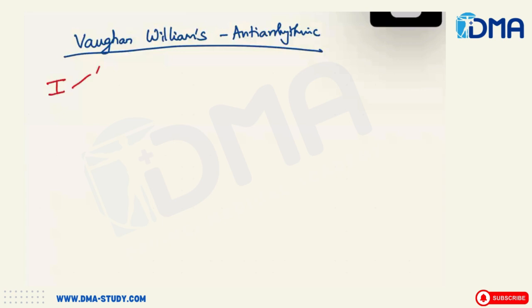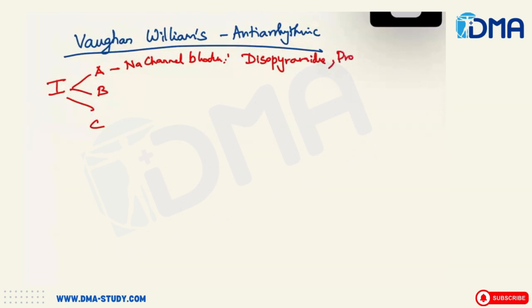So class 1 has 3 subdivisions: A, B, and C. A would be sodium channel blockers. Examples: disopyramide, procainamide, and quinidine.